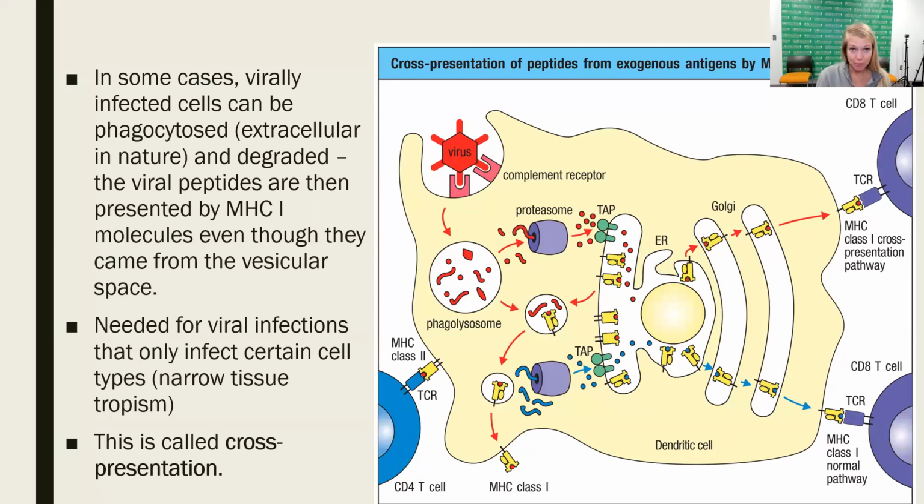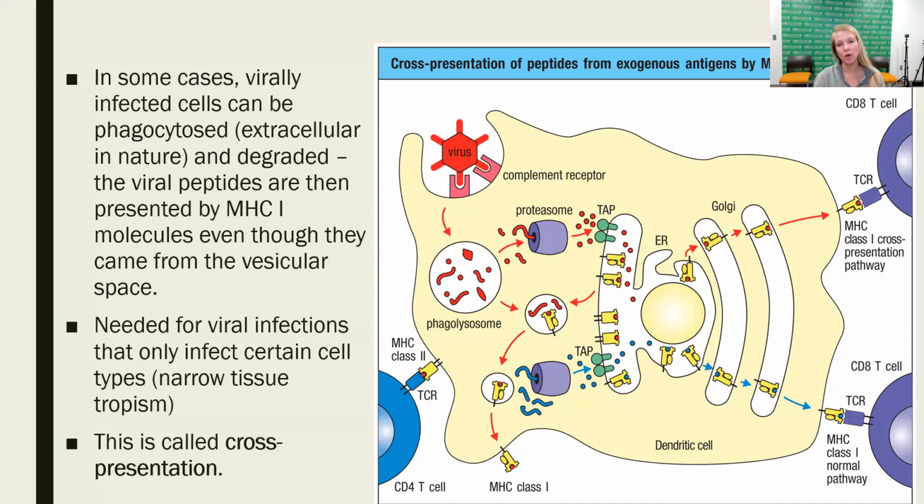This is called cross-presentation, and this is needed for viral infections because viruses are very specific in the cells that they infect. They're only going to infect certain cells, and that's a tropism. If they have a very narrow tropism or infect only one type of cell, it's important that the CD8 positive T cell is engaged, and the CD8 positive T cell can only recognize MHC class 1.